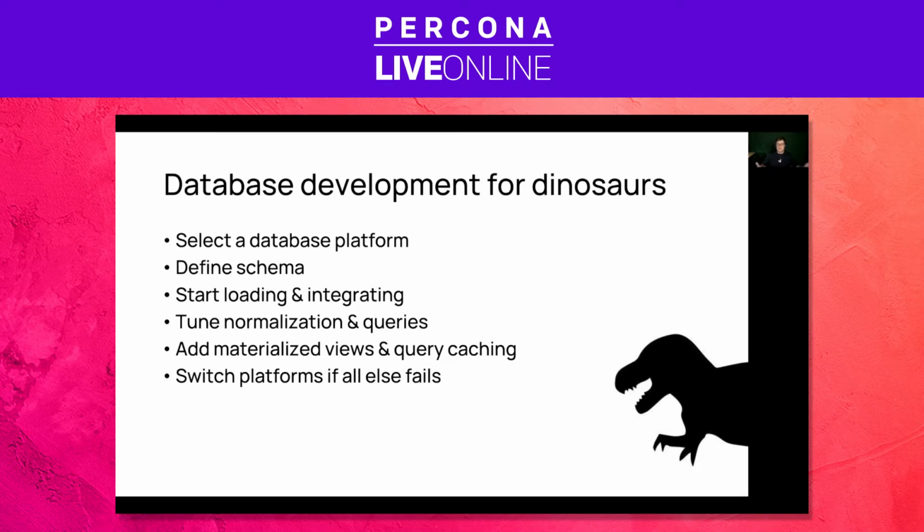You're going to define your schema, your tables, your relations, all that stuff. You're going to start loading your data into this database. You're going to start integrating your applications. You'll get an increasing amount of capability out of all that. You'll start to see some performance problems, so you'll tune your normalization, your indexes, your queries. If things are really bad, maybe you'll add some materialized views or some query caching on top.